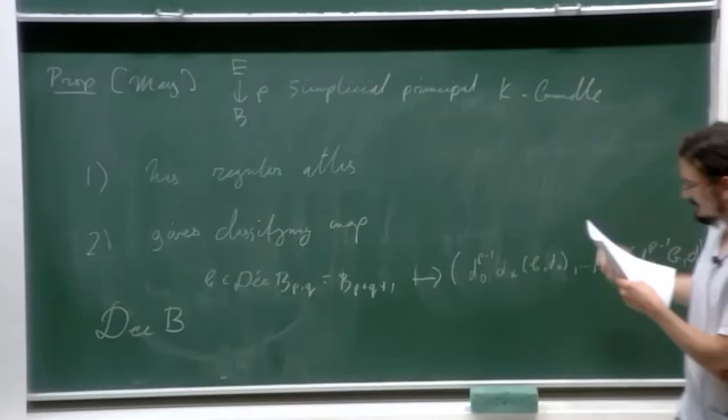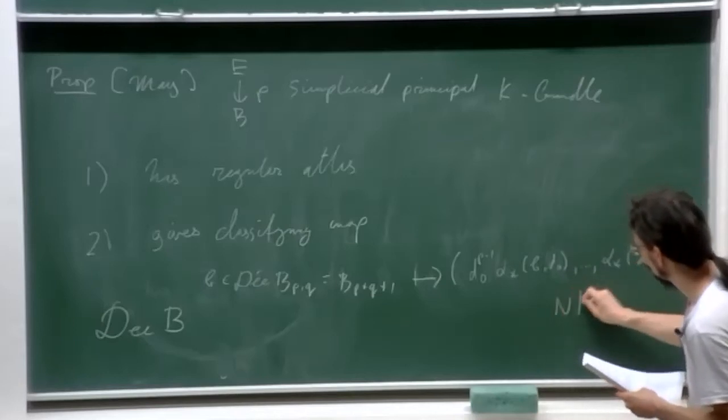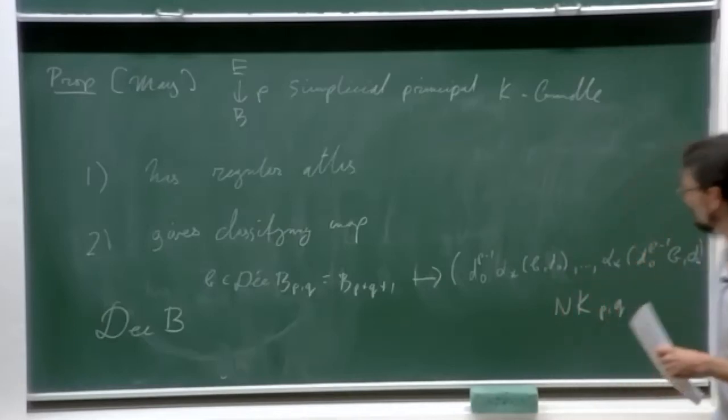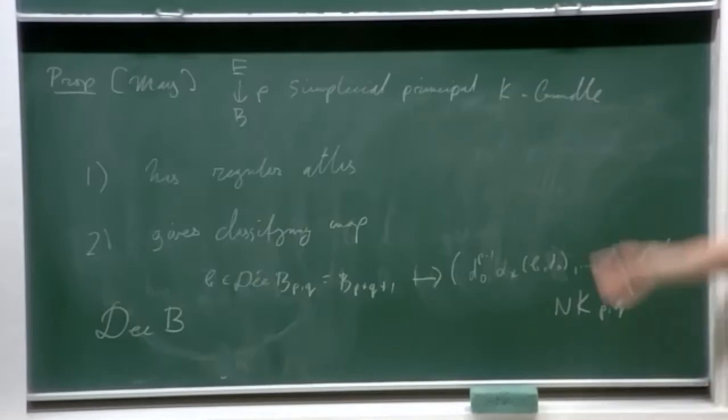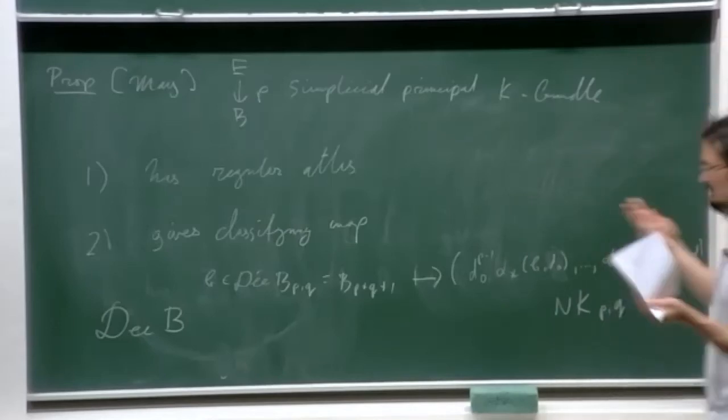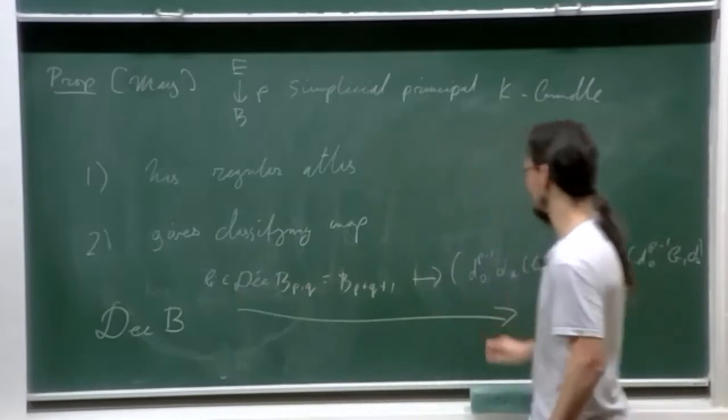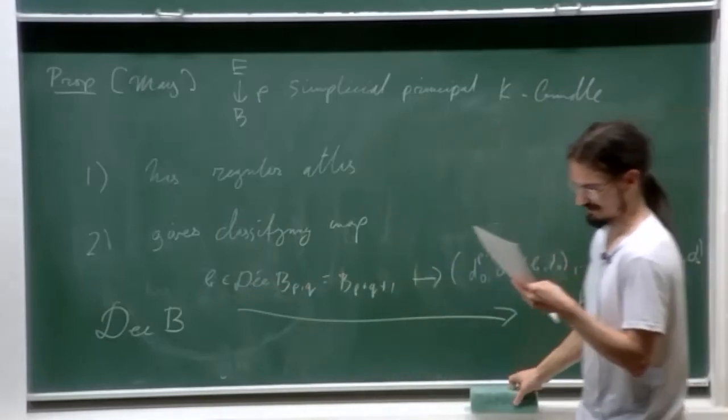That's going to land in the PQ simplices of NK. Then you use the total simplicial set functor and you get the classifying map. So you actually have a formula for it.